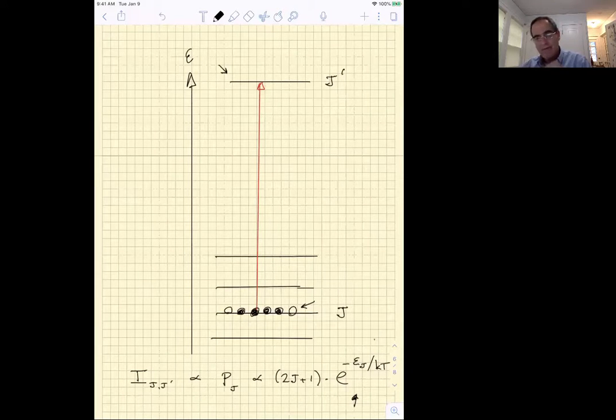And that's right, but there are two things here that simplify it for us. First of all, for every initial state, every transition from a particular initial state, a particular value of J and a particular value of the magnetic quantum number, there's only one final state that the transition can go to. So in essence, the number of possible final states is always 1.